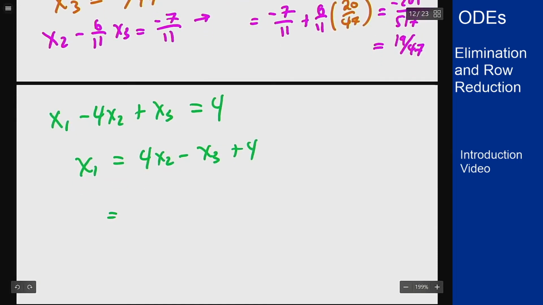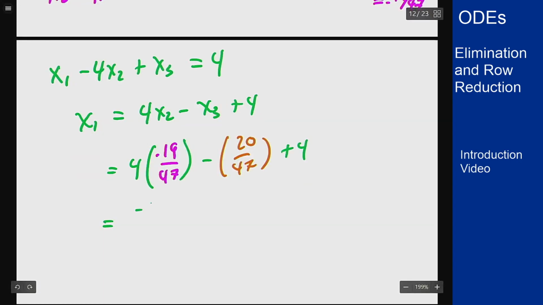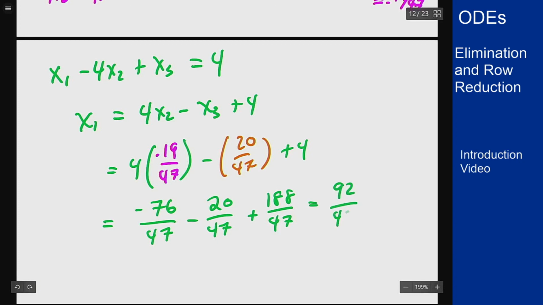I can just plug in 4 times 19 out of 47 with a negative sign, minus 20 over 47 plus 4, with a negative 76 out of 47 minus a 20 out of 47, and plus a 188 out of 47, which gives me a 92 out of 47.